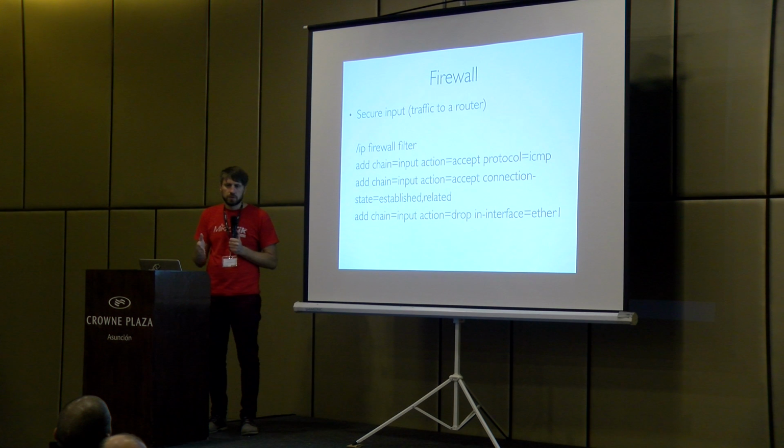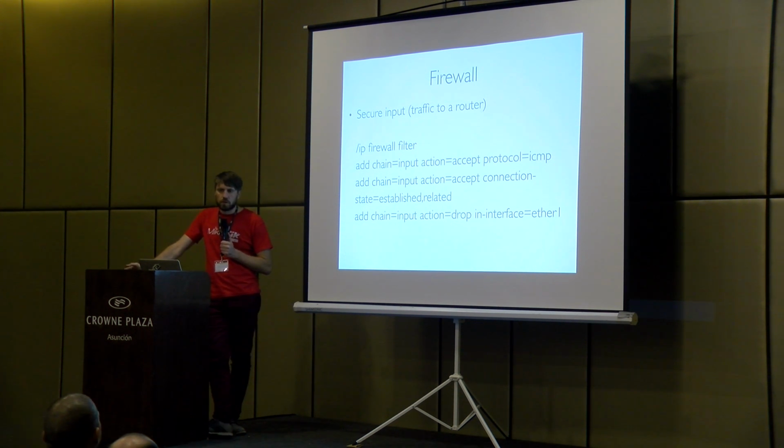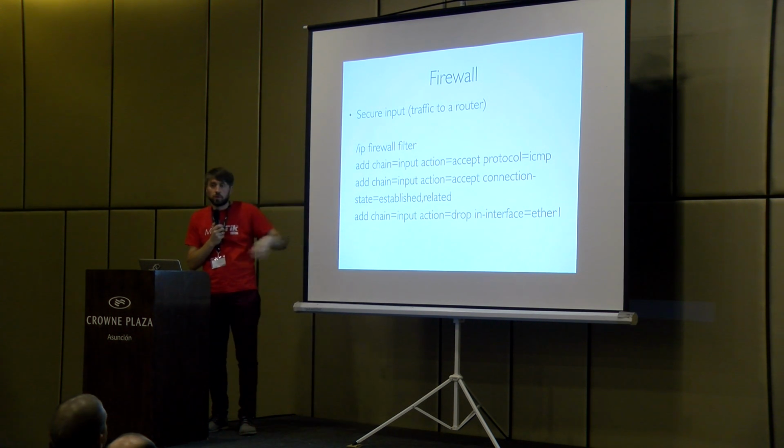Input is the chain used for packets that are going directly to your router, not to the clients, but especially to the router. So when you're accessing your MikroTik device by Winbox, packets go to chain input, and these are the rules that you need to apply for your device.